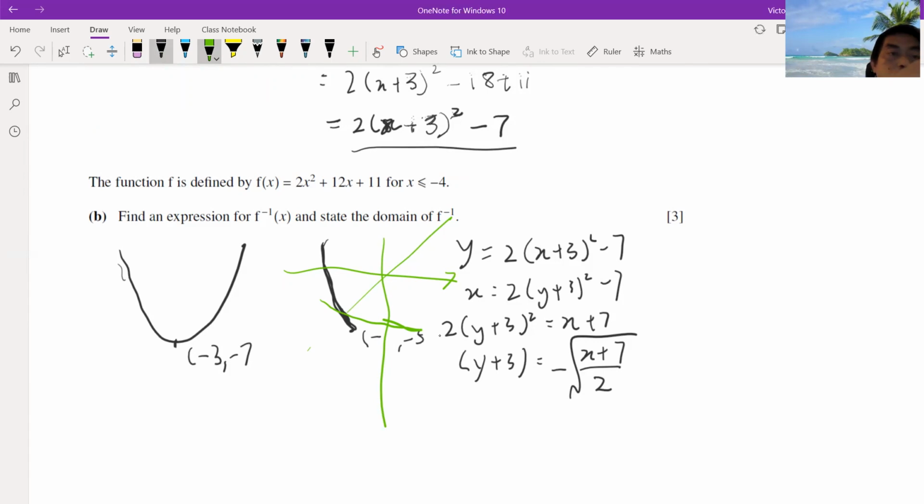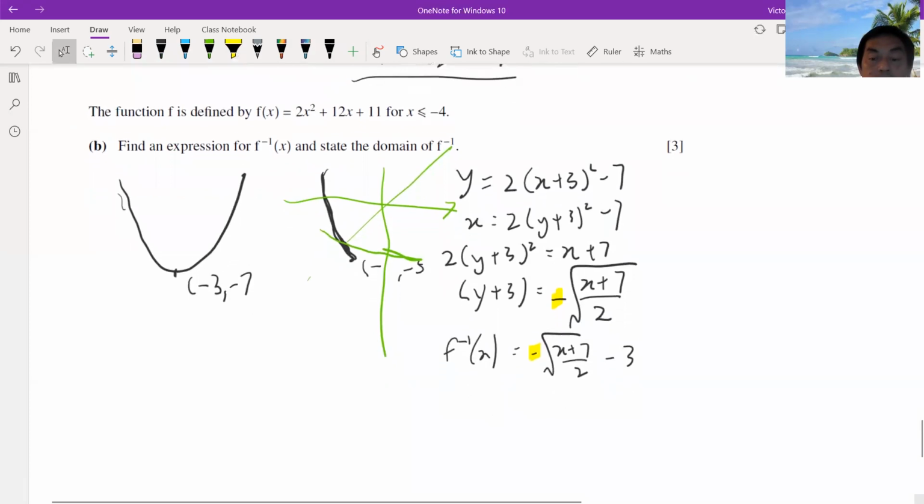Okay. So you have y equals minus square root of (x + 7) over 2, minus 3. So this will be your inverse function, f inverse. Okay, remember this negative. And if you don't put negative, the answer would be wrong.